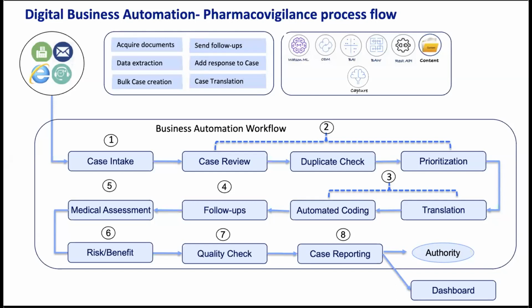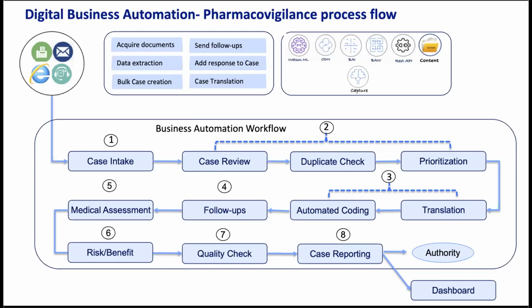That is where the knowledge worker dilemma comes in: whether I do something more fruitful, which utilizes my experience and my knowledge, or do some mundane task like deduplication checks. The next part, medical assessment, is where a knowledge worker actually comes into the picture.